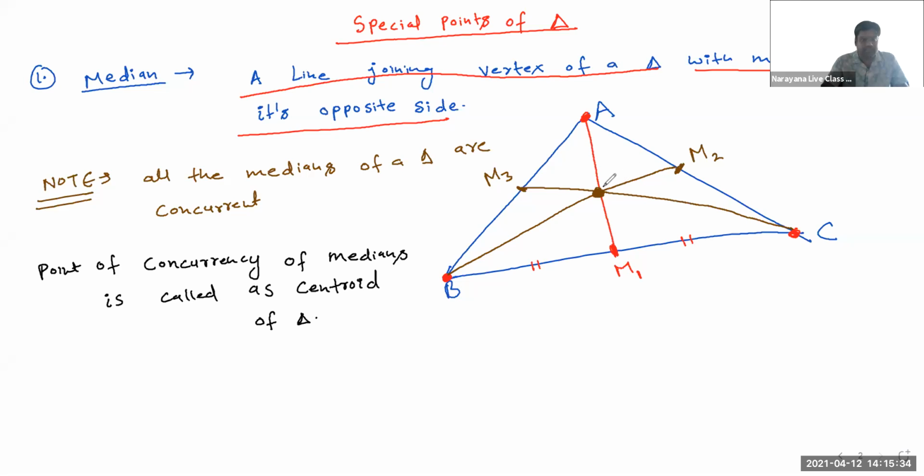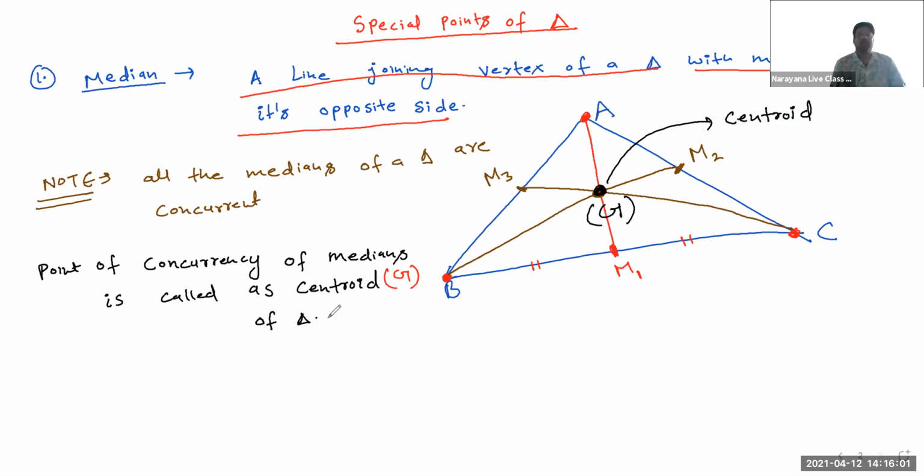So here the point of concurrency of medians 1, 2, and 3 will be called the centroid. This point is the centroid of triangle ABC, and it is denoted by the symbol G. The centroid is generally denoted by capital letter G. Got it?